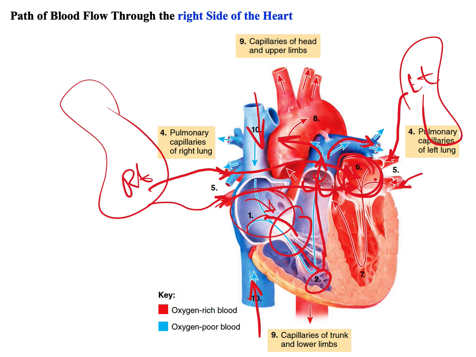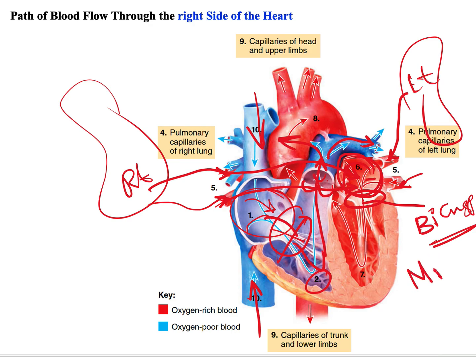From the left atrium, the blood passes through, not the tricuspid valve, no, it's through the bicuspid valve on the left side. But you will not hear anybody mention the bicuspid valve. No, they use mitral valve. It's known as the mitral valve.